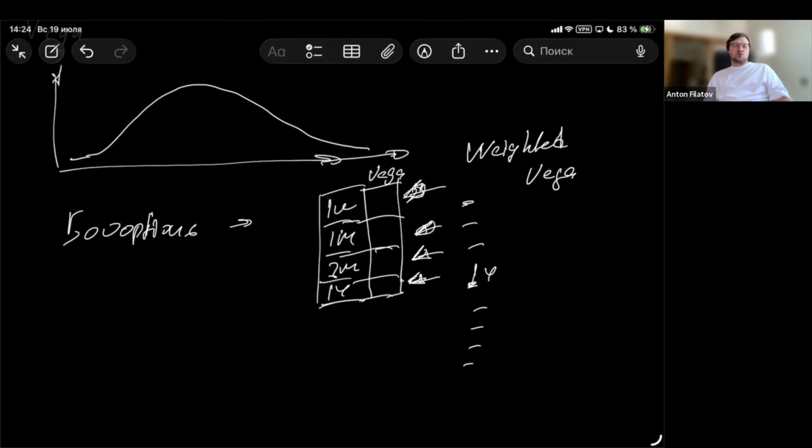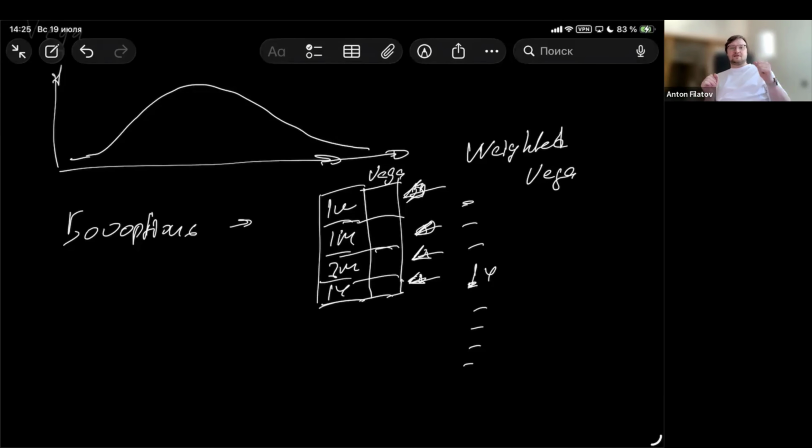So you might want to look at something smooth and liquid as a weighted Vega, and for something like emerging markets or markets worse than emerging, something more precise, right? So basically the weighted Vega and some metrics of distribution of this weighted Vega, like how much weighted Vega corresponds to what maturity.